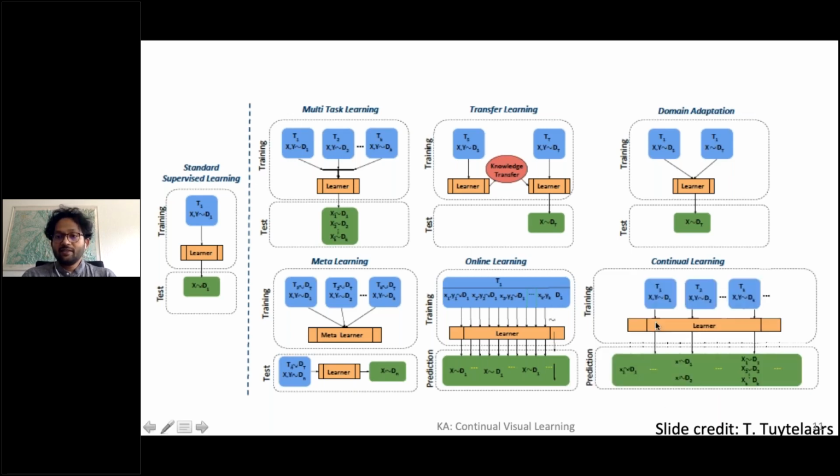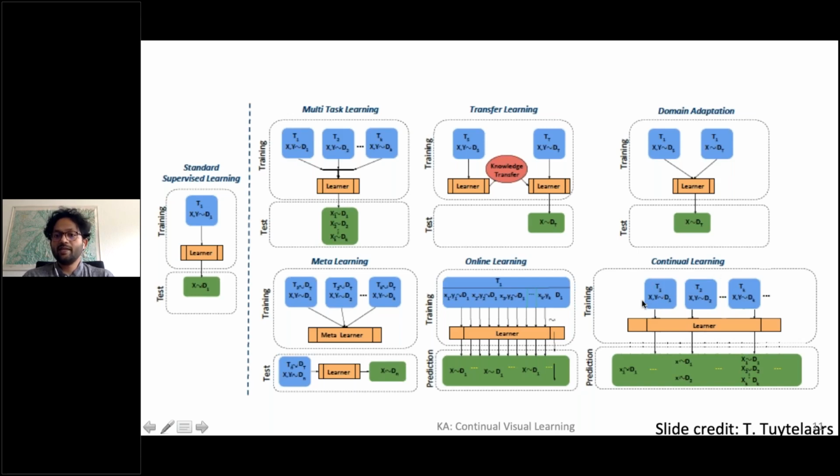Okay, and the final thing that is the topic of our tutorial today is that of continual learning. So it is related to online learning in several ways, in that you again see a sequential arrival of data, but now in the most generic case, you have different tasks coming in at different time instances.